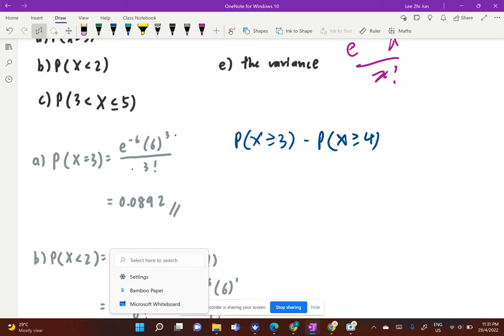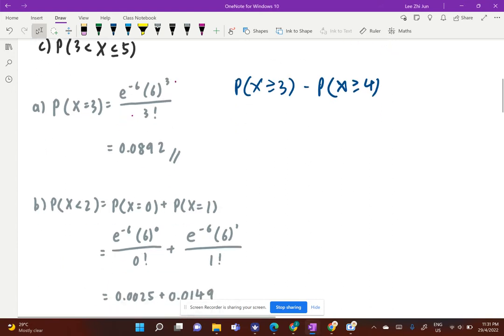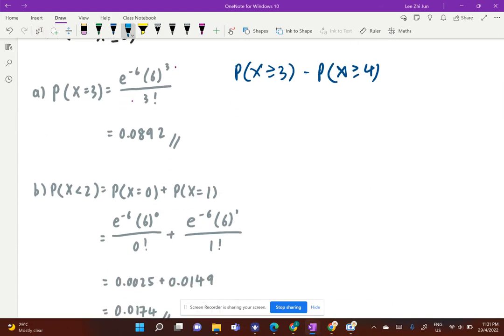For P(X smaller than 2), you can either use the formula, substituting 0 and 1 and adding them all to get 0.0174, or I see the table by using 1 minus P(X larger or equal to 2), because this does not include 2.